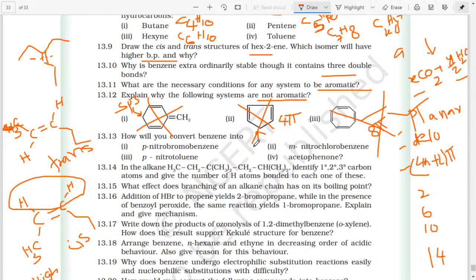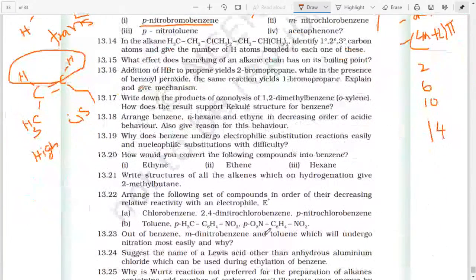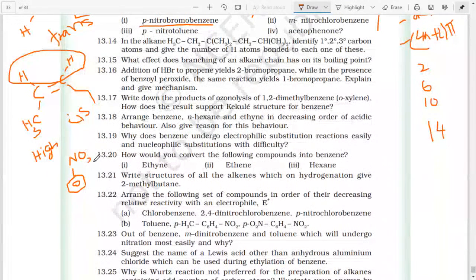How will you convert benzene into para nitro bromobenzene? Just now what I explained, anyhow, I am going to explain again. Para nitro bromobenzene. So what they are asking is para nitro bromobenzene, right?